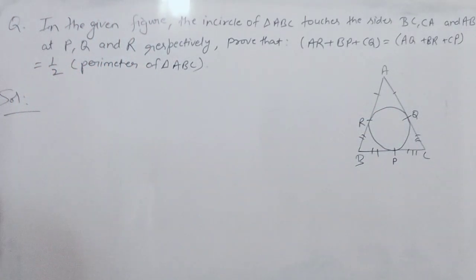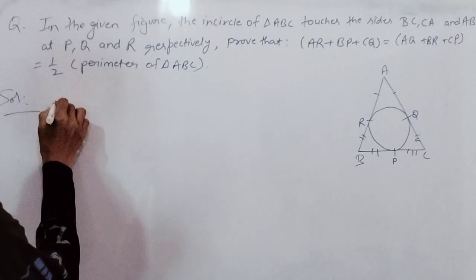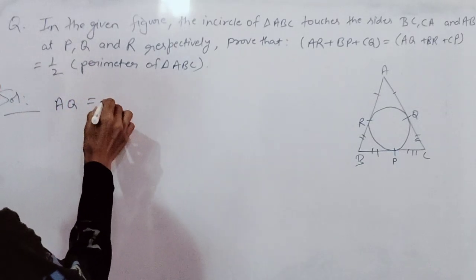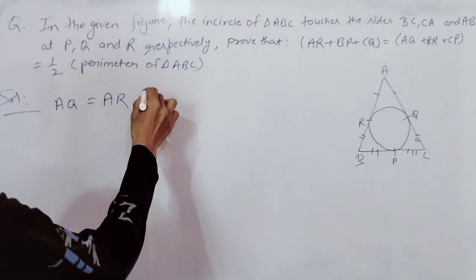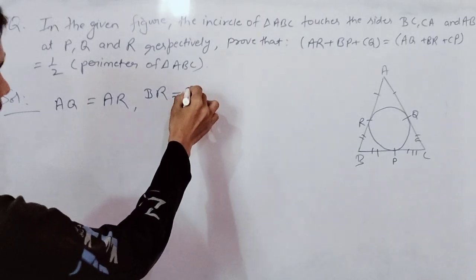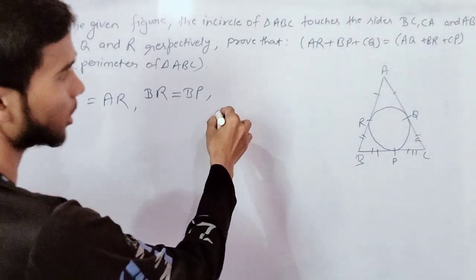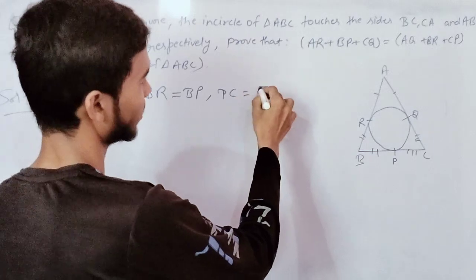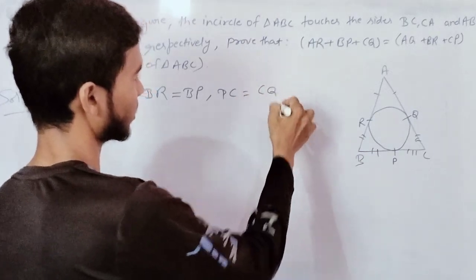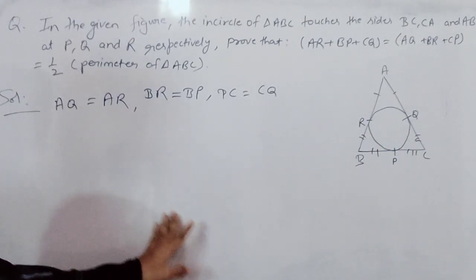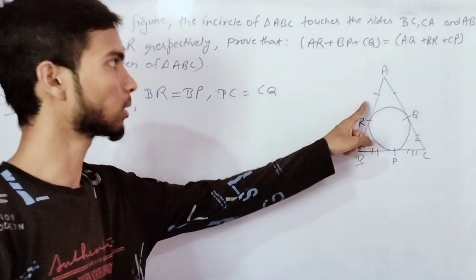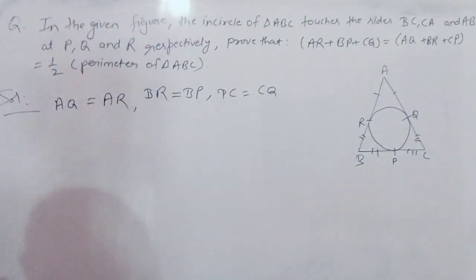So can I say AQ is equal to AR? What else? BR is equal to BP. PC is equal to CQ. Clear? Are you clear? According to the angle, I took these as equal. Now AQ is equal to AR. Clear?